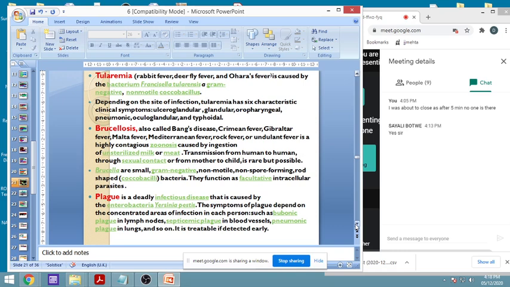Then next is plague, which is a deadly infectious disease. I think around 2000 or 2001 there was a big wave of plague, particularly in Surat city of Gujarat. It is caused by the Enterobacterium Yersinia pestis.